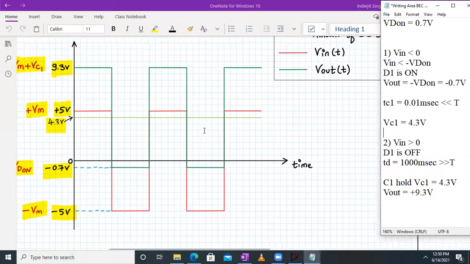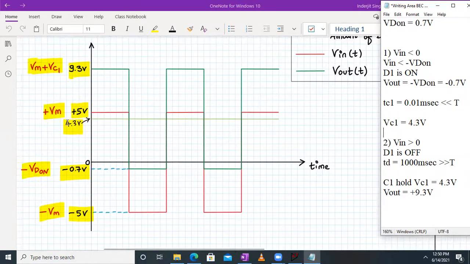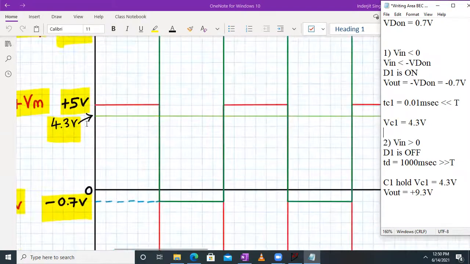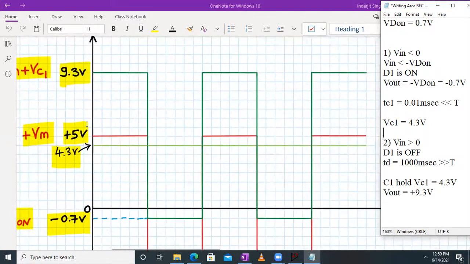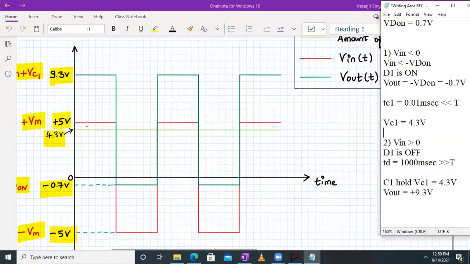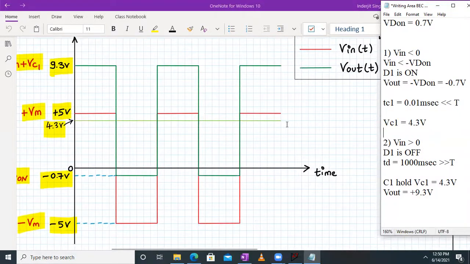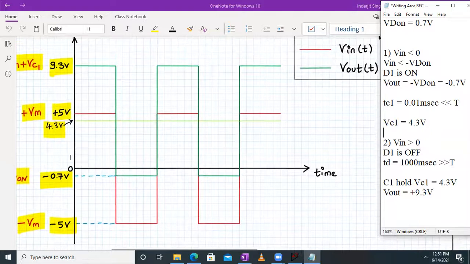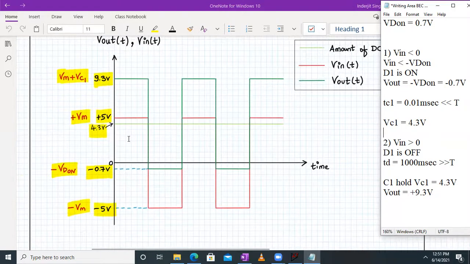The amount of DC shift is around plus 4.3, shown by the light green line. This is a reference level about which the output waveform is symmetric above and below. If you add 4.3 to 5 volts, you get 9.3. That's how you get this DC shift. So these are the waveforms we got for clamper number 2.